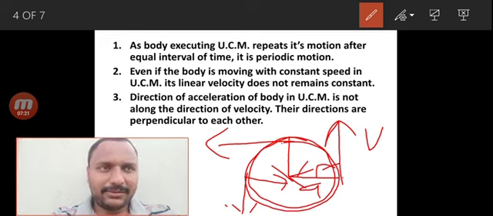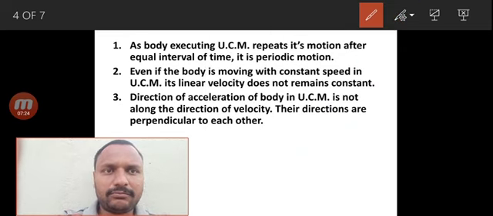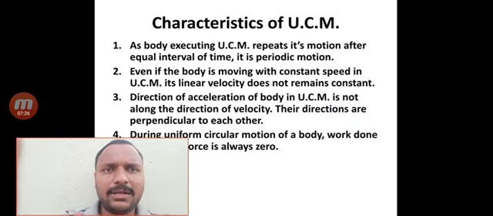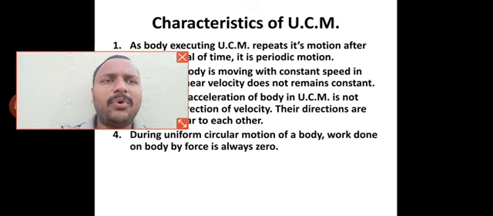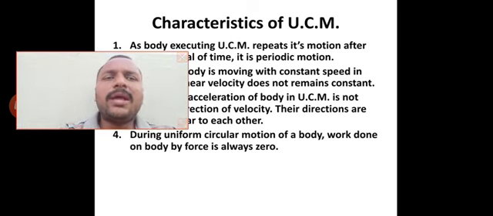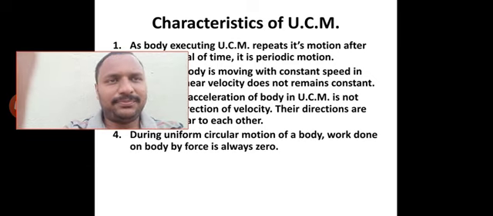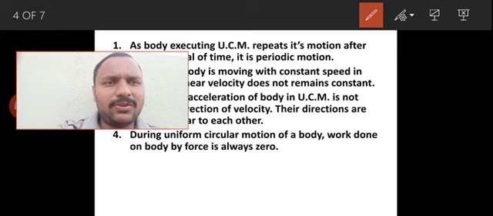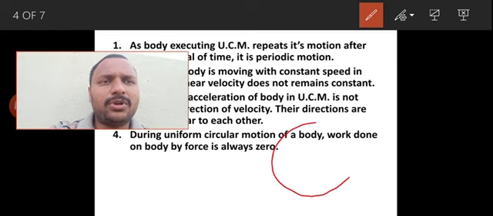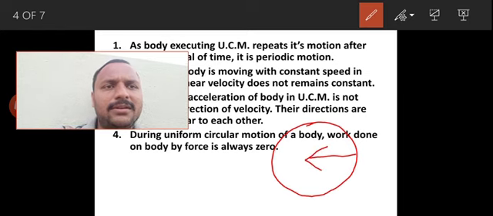Okay, then after that, next one is during a uniform circular motion of a body, work done on a body by a force is always zero. Again here we explain this point. In case of a uniform circular motion, centripetal acceleration is toward the center and displacement of the particle is along the circumference.